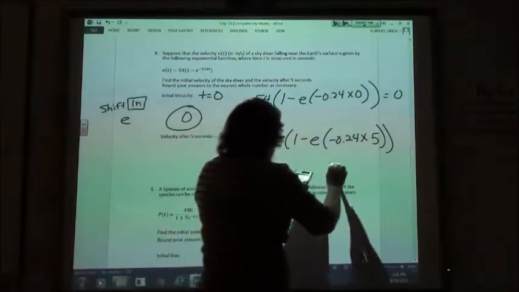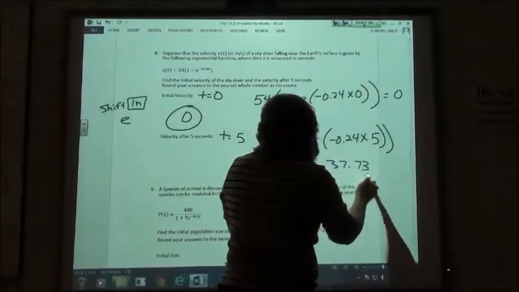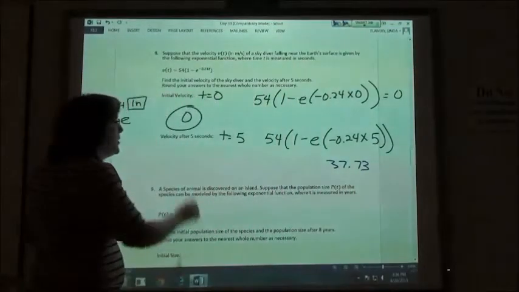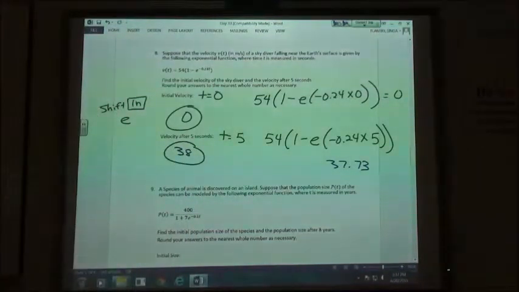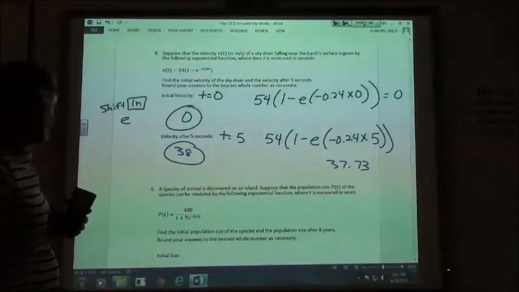I get 37.73. I'm rounding to the nearest whole number, so 38. So my velocity after 5 seconds is 38 meters per second.